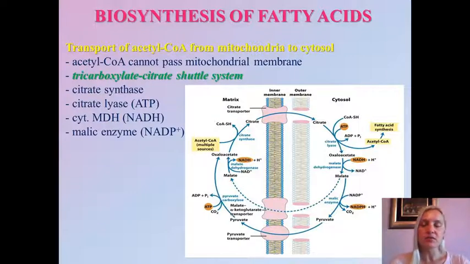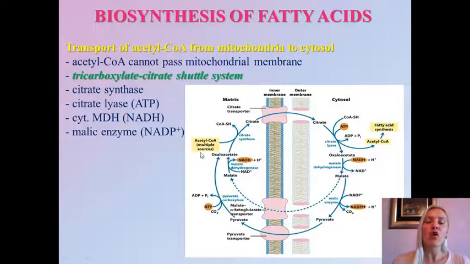Pyruvate enters mitochondrial matrix, and pyruvate is converted to acetyl coenzyme A. So acetyl coenzyme A is found in mitochondrial matrix. The other thing is beta oxidation of fatty acids, which occurs in mitochondrial matrix. So again, acetyl coenzyme A is synthesized in mitochondrial matrix.